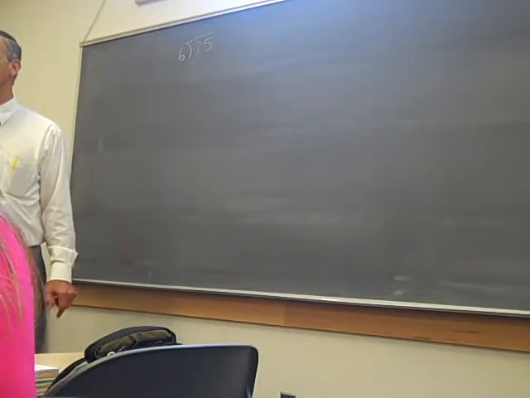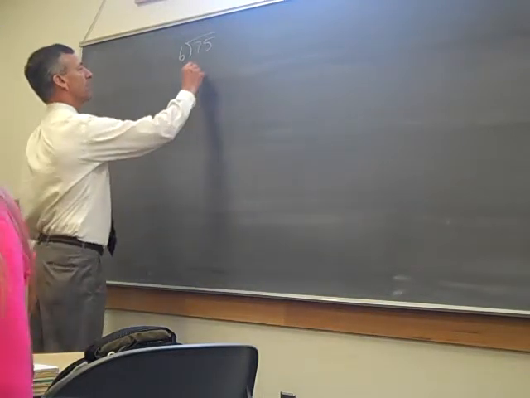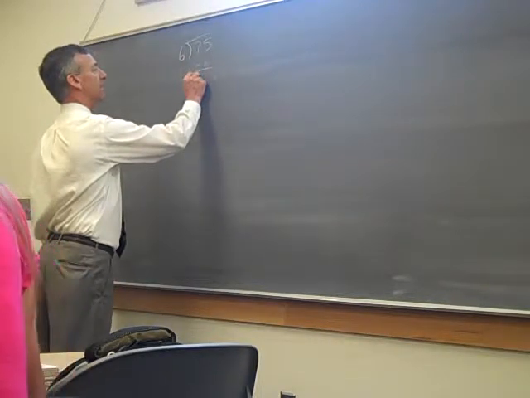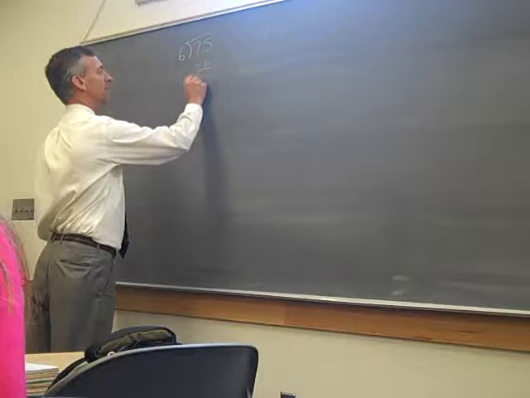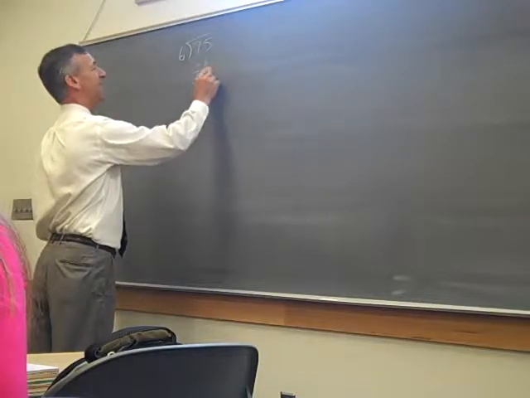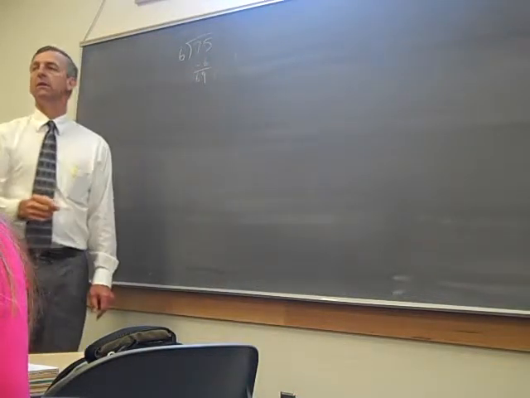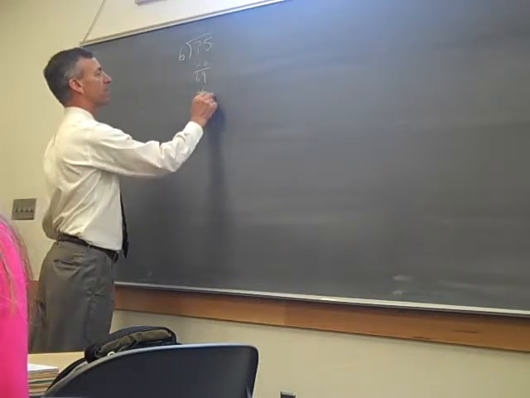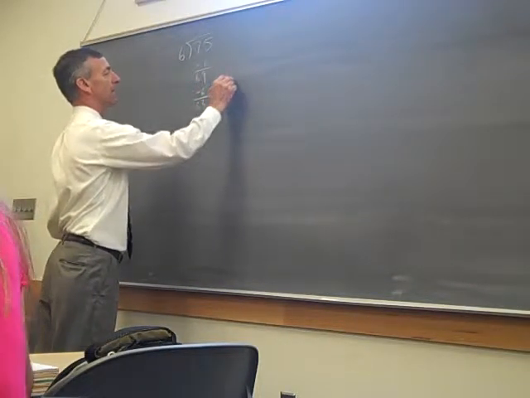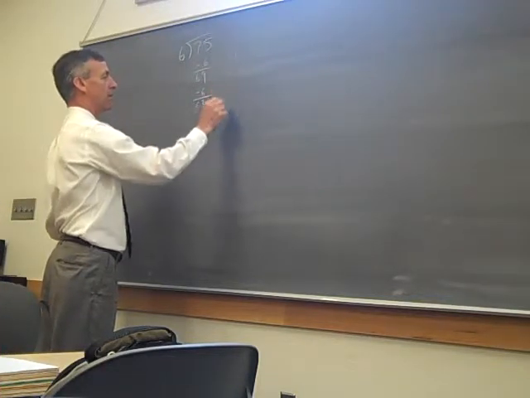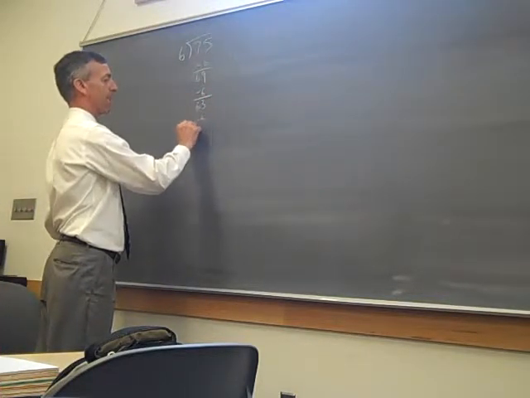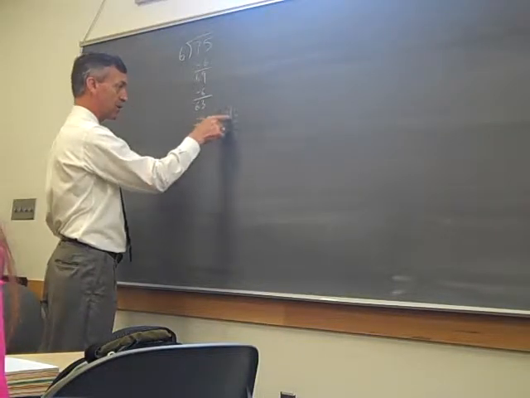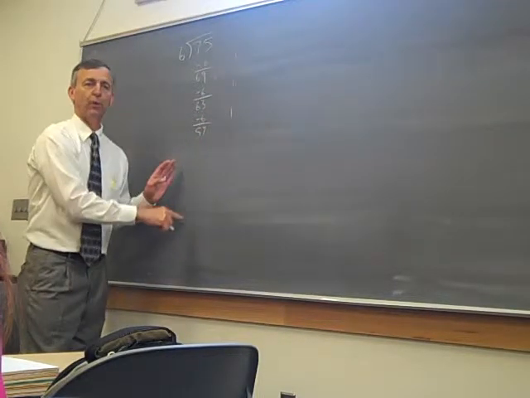One thing I could do is, I could go minus 6 and get 69, right? And I've taken out 1 six. And then I could take out another 6, go to 63, and I've taken out another one. Go to 57, take out another 6. And I could keep doing that, right?